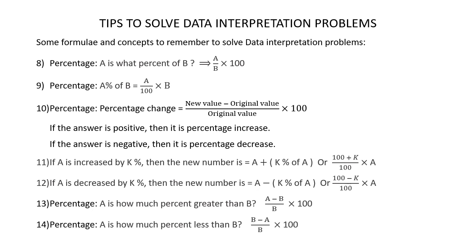If you are asked to find A is how much percent less than B, then find the difference between A and B and divide it with B and then multiply with 100. Remember that always put the value that comes after the word than in the denominator.